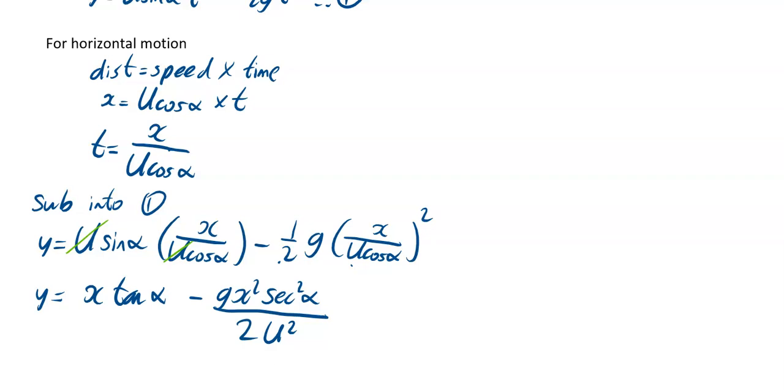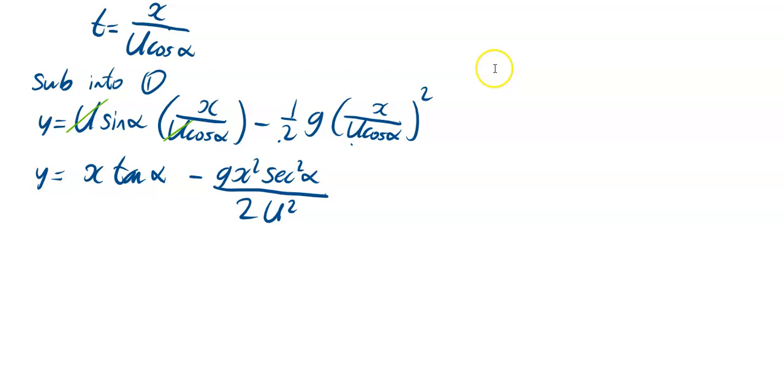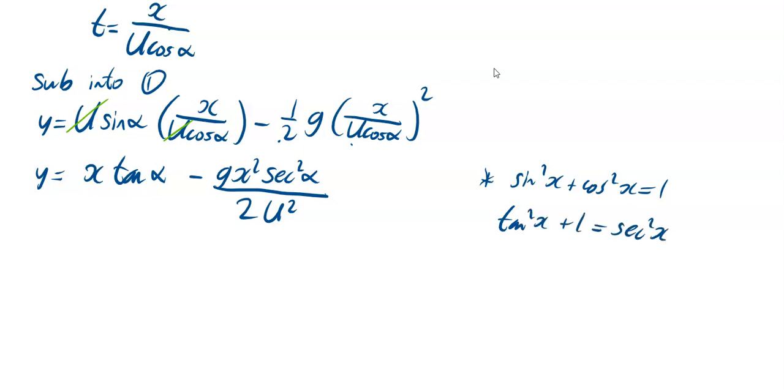Okay, the last thing for us to do is change the sec squared in terms of tan. So a wee reminder of how we do this. Remember, sine squared of x plus cos squared of x is equal to 1. If I divide top and bottom by cos squared, what I will get is tan squared of x plus 1 is equal to sec squared of x.